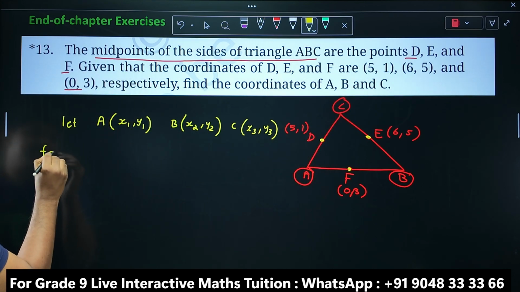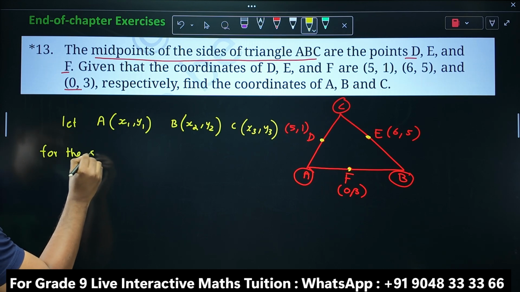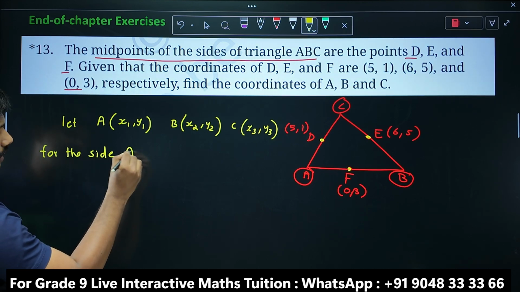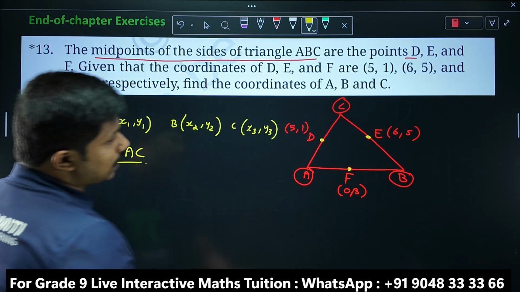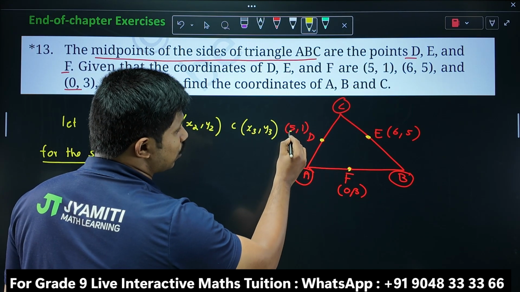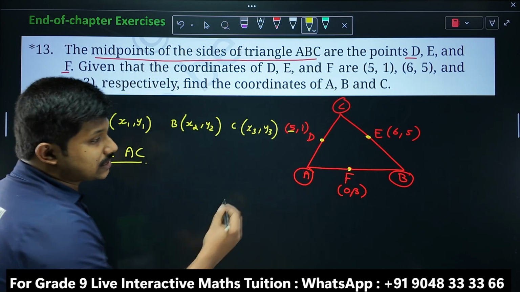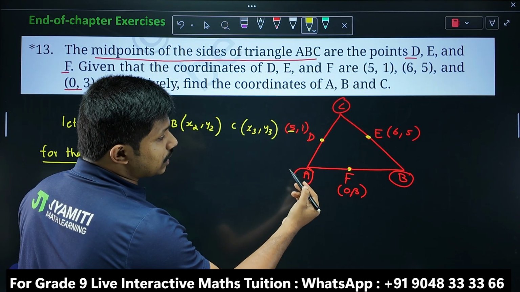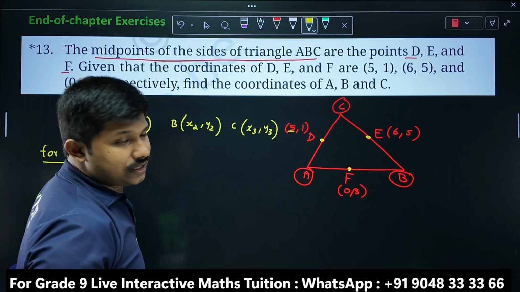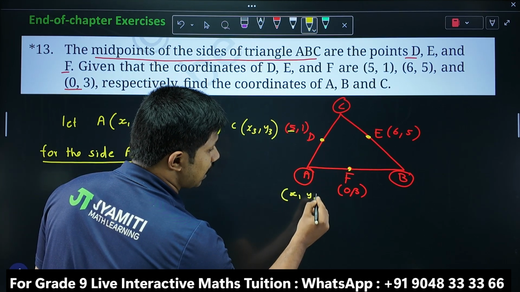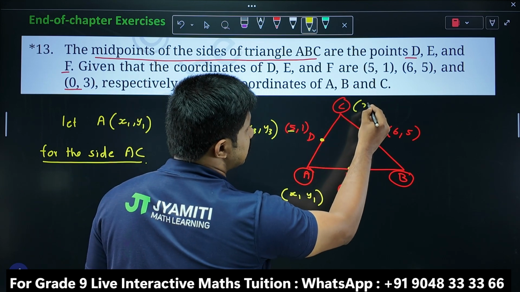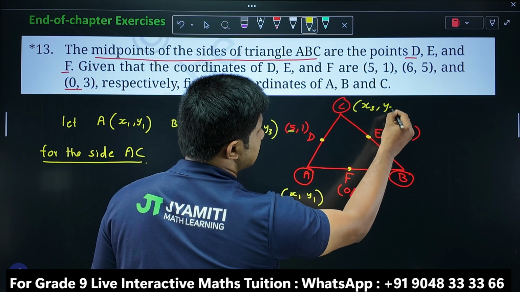For the side AC, we know the midpoint formula tells the x coordinate of the midpoint is the sum of the x coordinates of A and C divided by 2, right? A is (x1, y1) and C is (x3, y3).